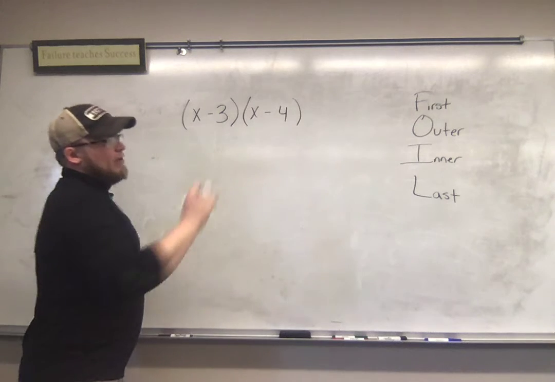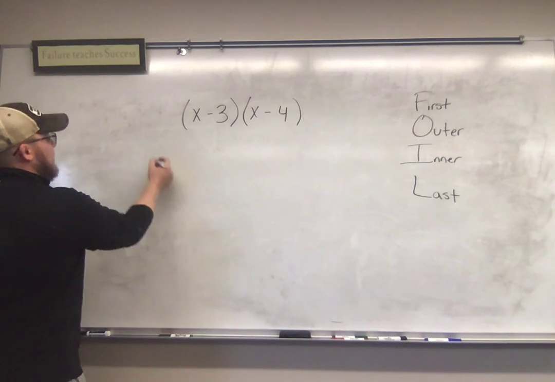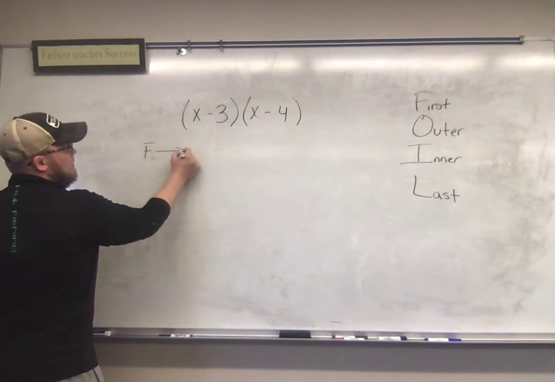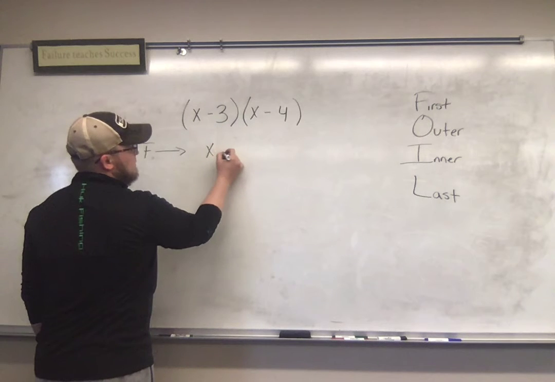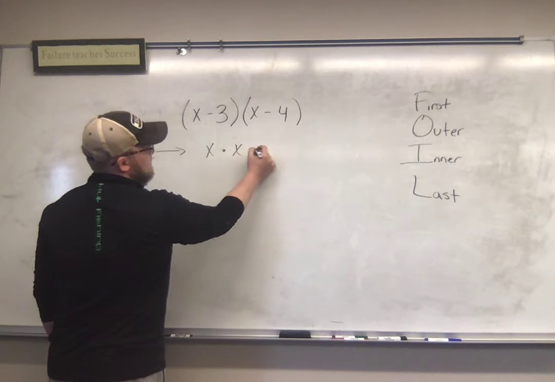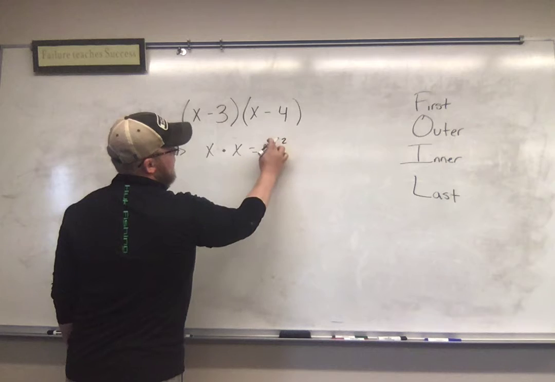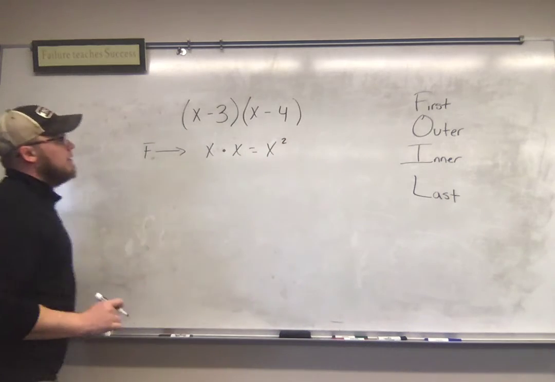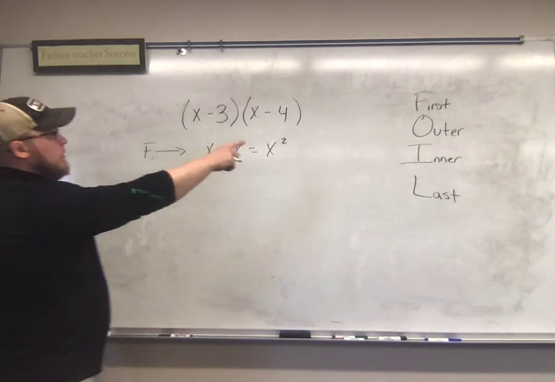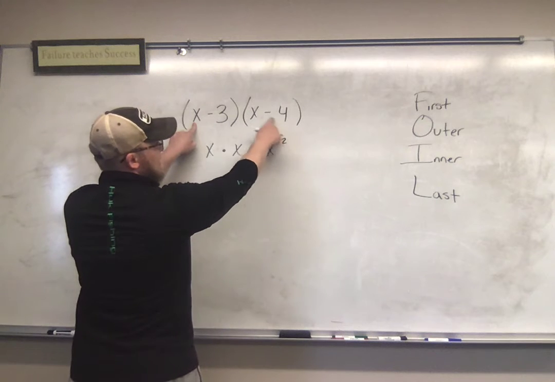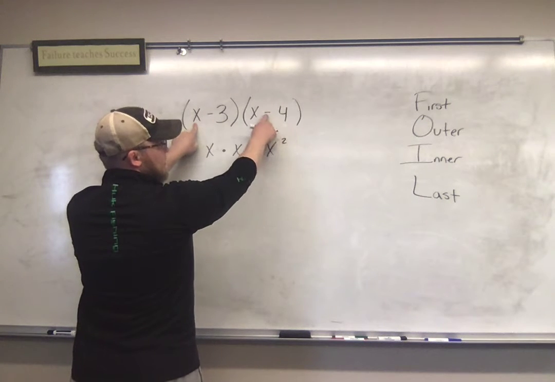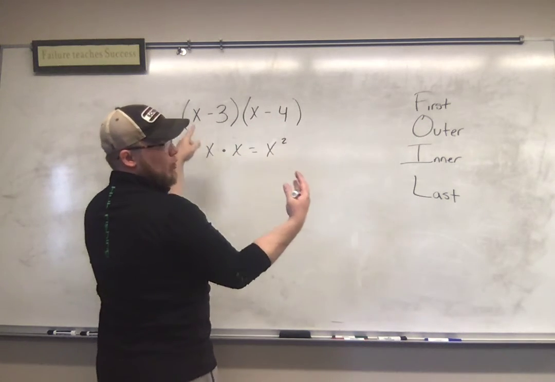And we're going to FOIL it. First, outer, inner, last. Well, the first one is x times x, which equals x squared. Outer numbers is this x and that negative 4. You have to include the sign before it. That's very important.